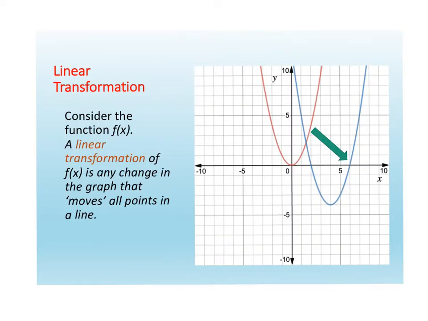Now, for translation, I am actually going to use a quadratic as an example. A translation is a change in the graph that moves all points in one line. Here, I've got the red line, and I've moved it down to the blue line.